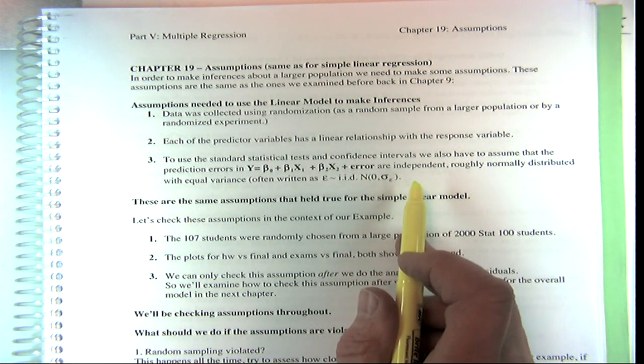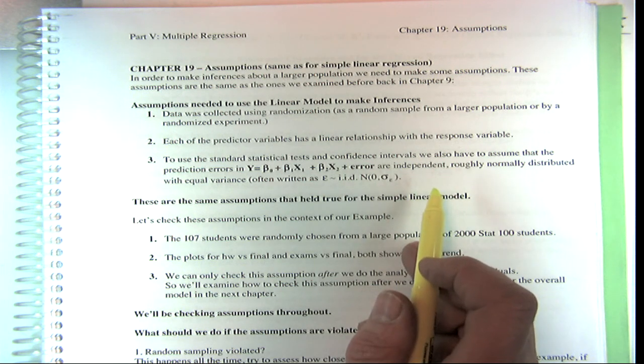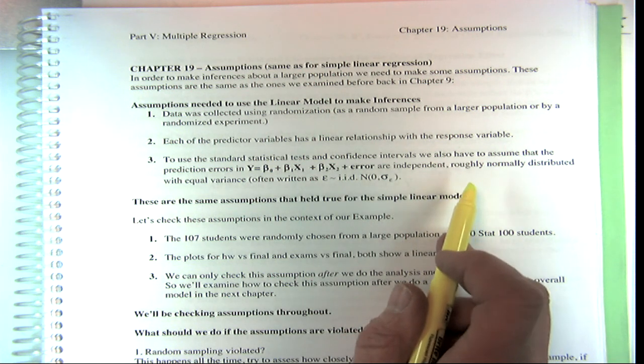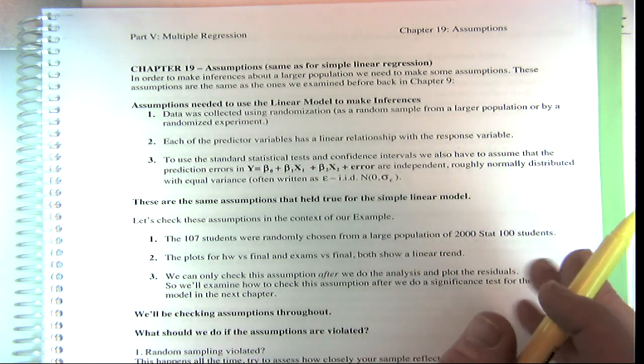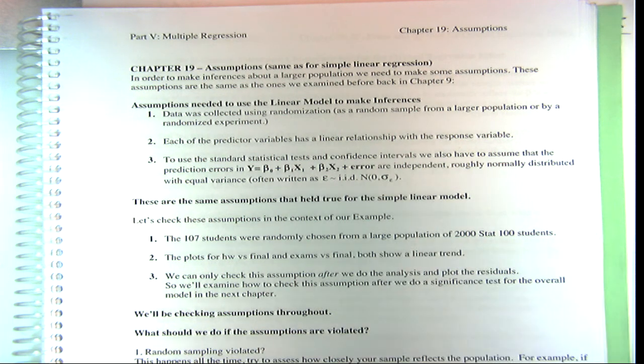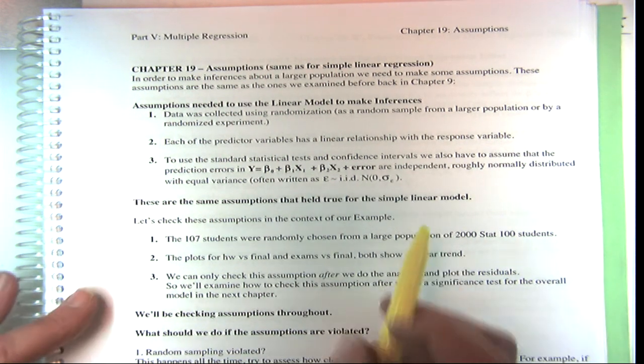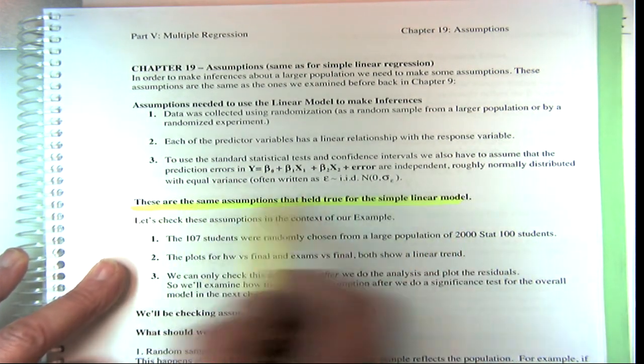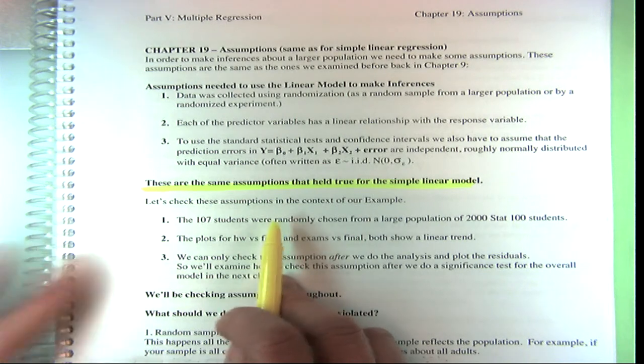That they are independent with equal variability across all the x's, and that they're roughly normally distributed. So we're going to be doing that same exact thing that we did before. So why don't we check them in the context of our example?